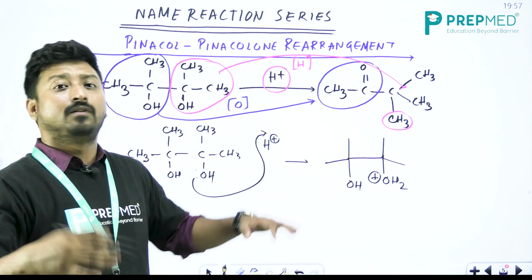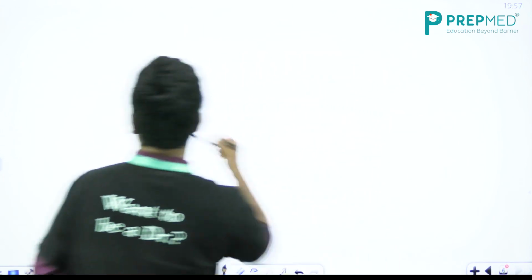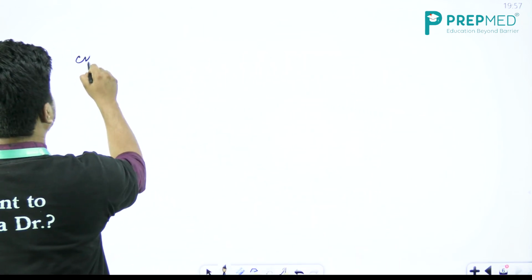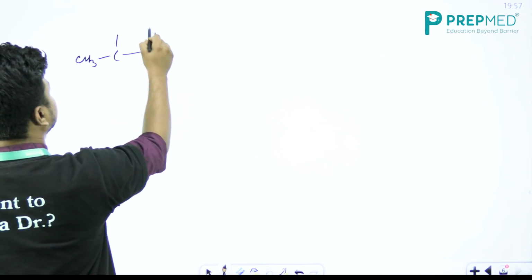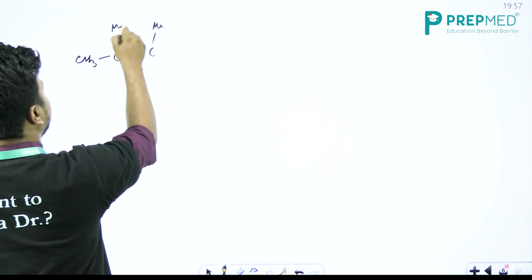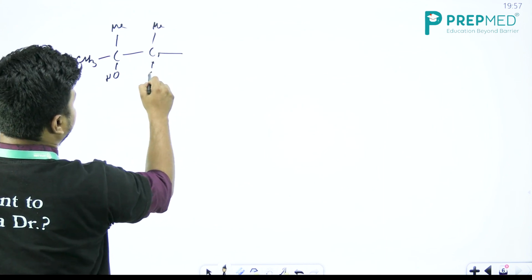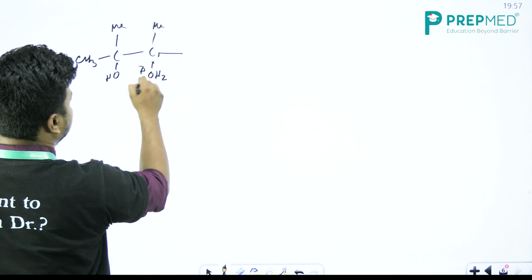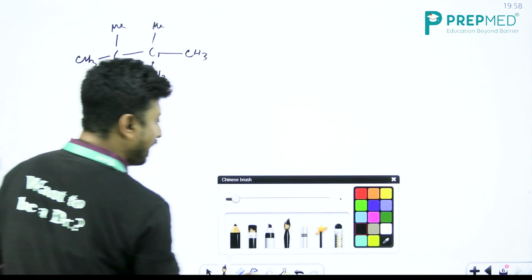Now in the next step, once this is generated, what will happen?